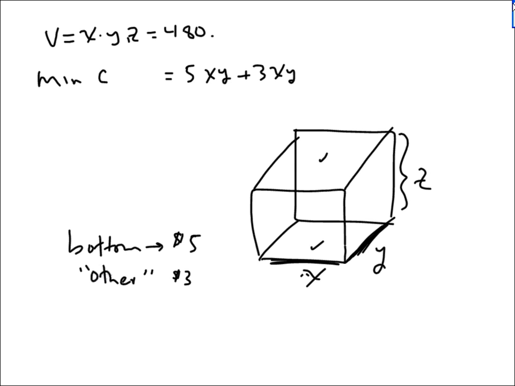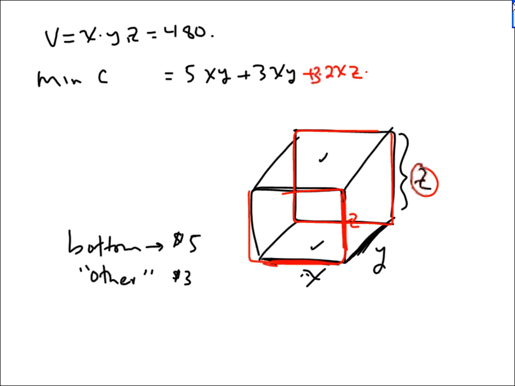Let's do the front and the back first. Here is the front. It is x times z, plus x times z, because we have 2 of them, the front and the back. And it costs $3 per square foot.